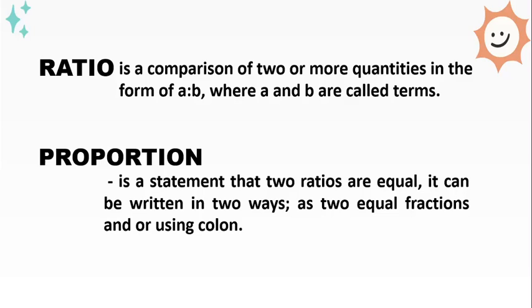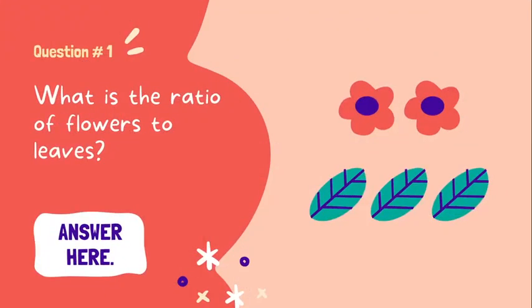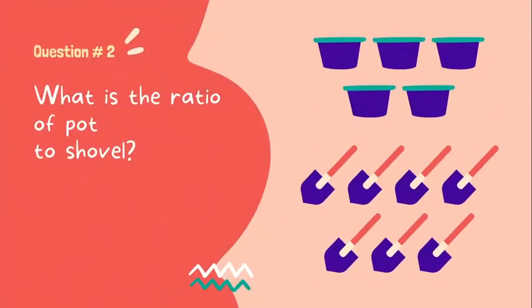To find out if you learned something, let's try the following. Question number 1. What is the ratio of flowers to leaves? If your answer is 2 to 3, perfect, you got it right. Question number 2.